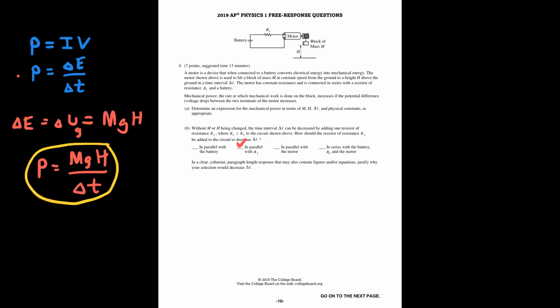For instance, if I attach the new resistor in parallel with R1, something like this, so R2 is there, then I know that the value of R1, which is some number, is going to be greater than the equivalent resistance of R1 and R2.